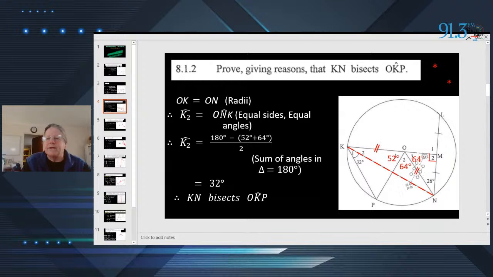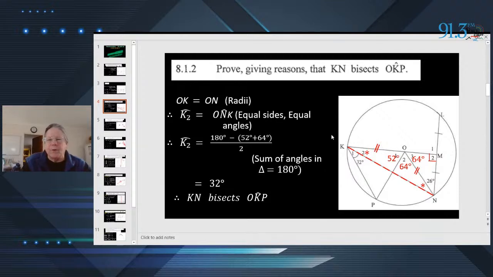Sorry that I'm doing it a little bit on the late side. But there's your radii. And what I was talking about is these are the 2 angles. That's equal. So here we have our equal sides, equal angles theorem.